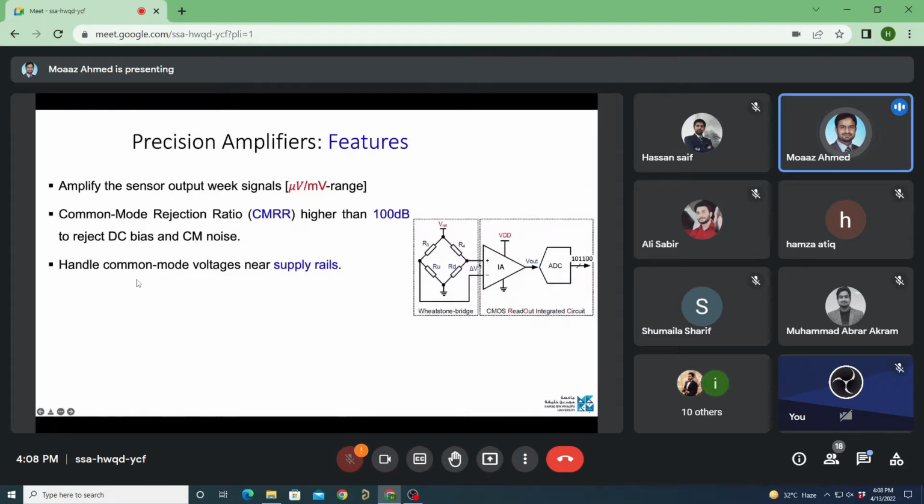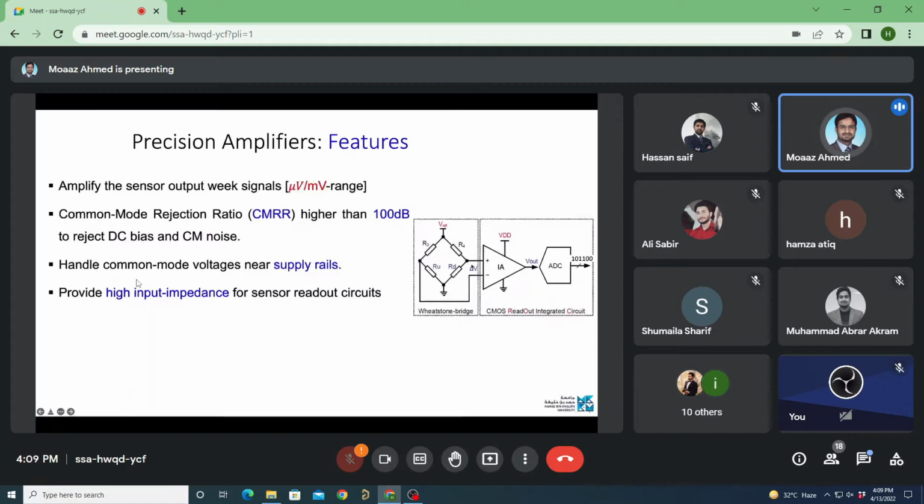So we also need to provide a very high input impedance for the sensor readout signal, since usually the sensor signal is very weak. So if we have a finite impedance of the amplifier, it can easily load the preceding sensor. So this is another important feature of instrumentation amplifiers. Also, the non-idealities, we will study it more in detail.